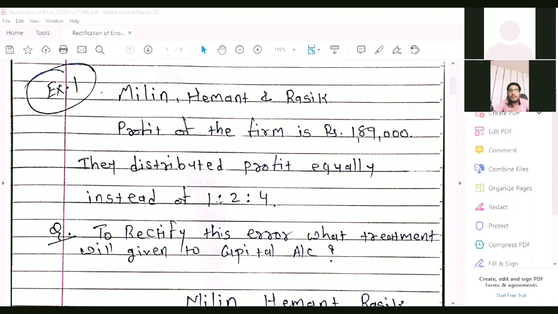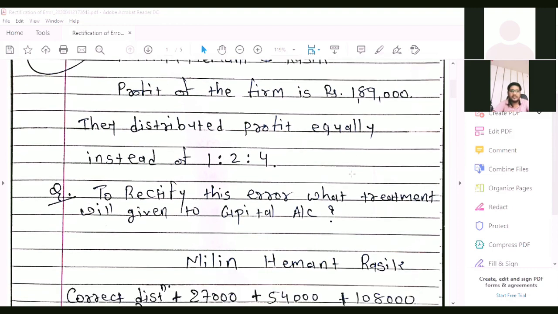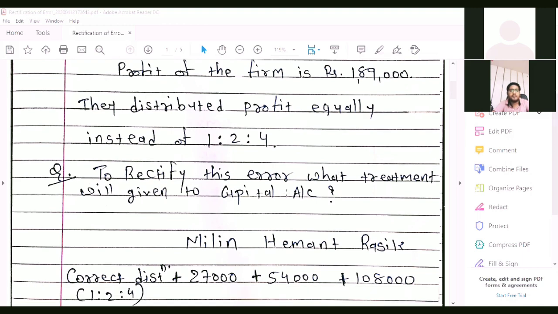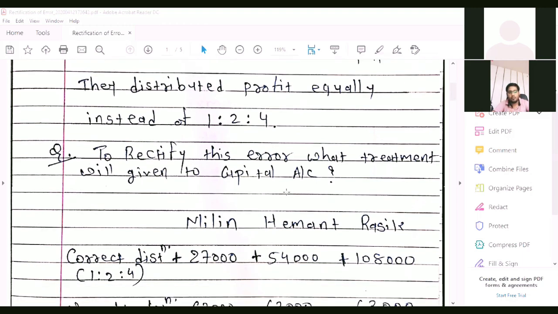So they have to distribute actually in the ratio of 1:2:4, but they have wrongly distributed this profit, this 1,89,000, in equal ratio, that is 1:1:1. So rectify this entry and give the effect in capital account. Let's see.